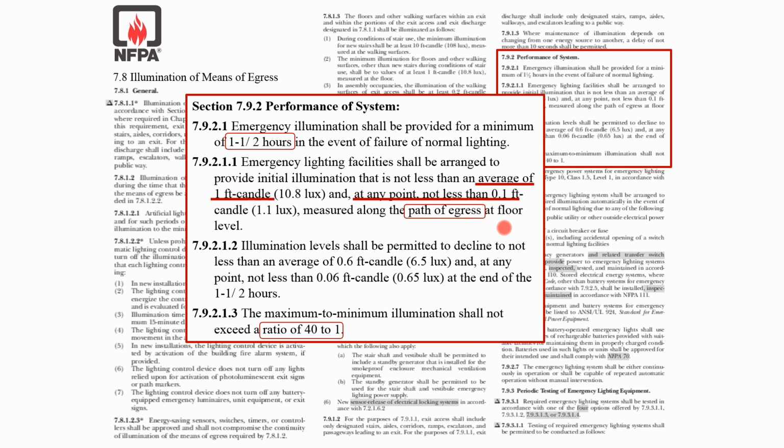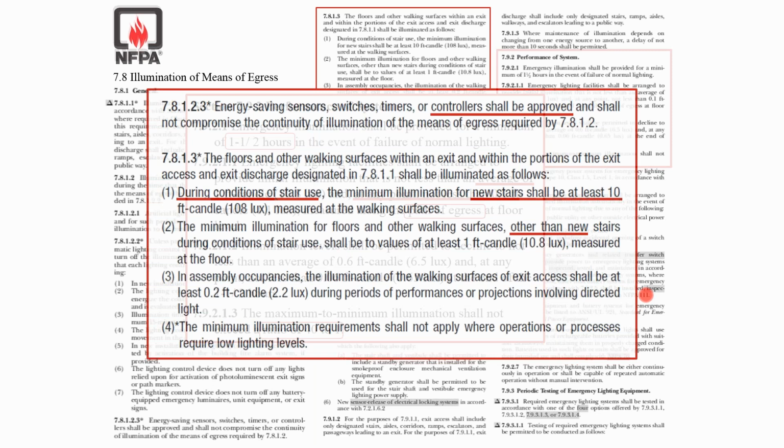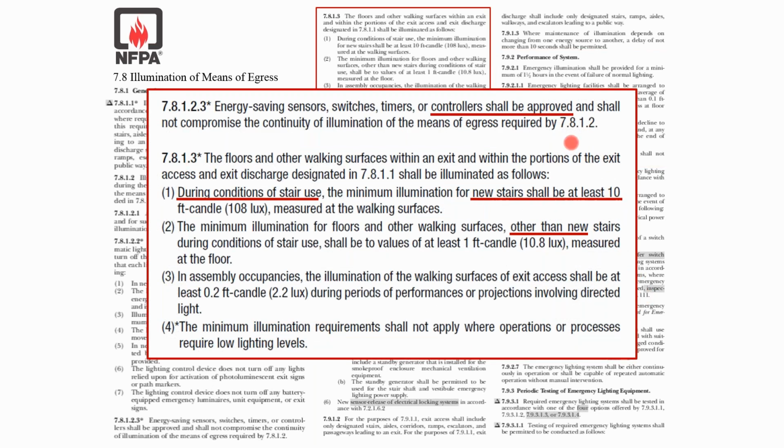Path of egress, average of 1 foot-candle, and then contrast ratios maximum of 40:1. So you're trying to minimize too bright to too dark, although 40:1 is a pretty wide contrast ratio. Moving on, one thing that we're seeing now in corridors and other places is controls: you can use switches and timers, or controls shall be approved.